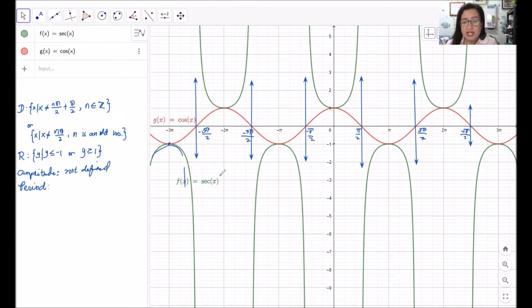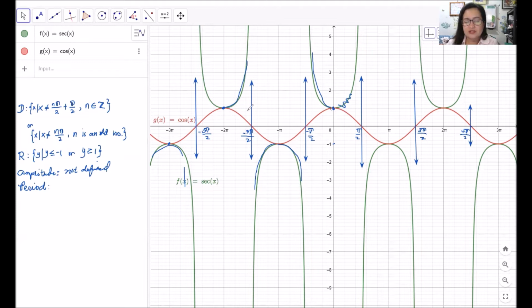To determine the period, we have to trace, just like what we did. Now let's say we start tracing from this point. So we have up, then here there's another pattern, and here. Now I'll stop tracing up to this point because this other side is just the repetition of the first curve that I have traced.